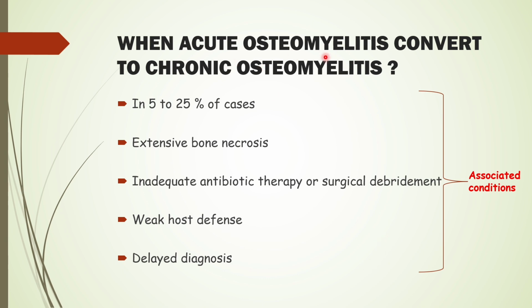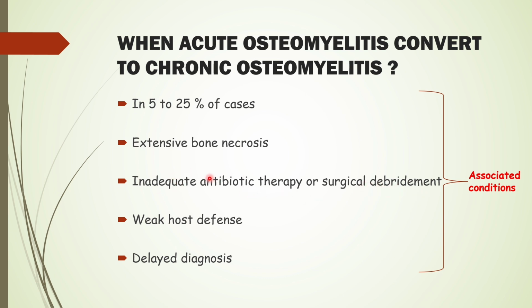Now, when acute osteomyelitis converts into chronic osteomyelitis, because not every case converts into a chronic one, 5 to 25% of cases will convert into chronic osteomyelitis. So what's the reason? The reason is improper treatment, inadequate antibiotic therapy, or inadequate surgical debridement.